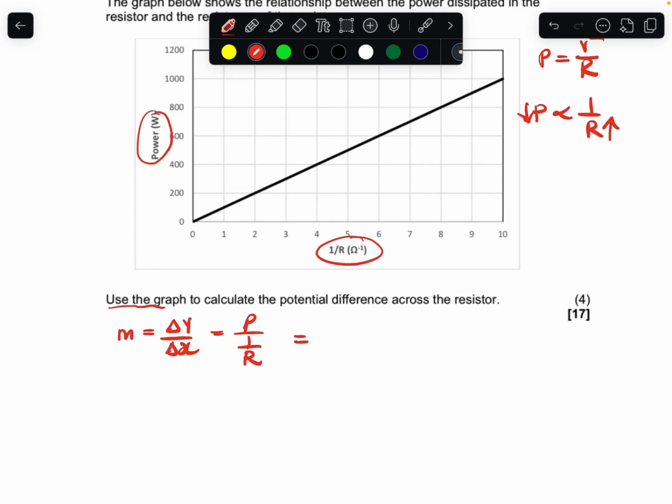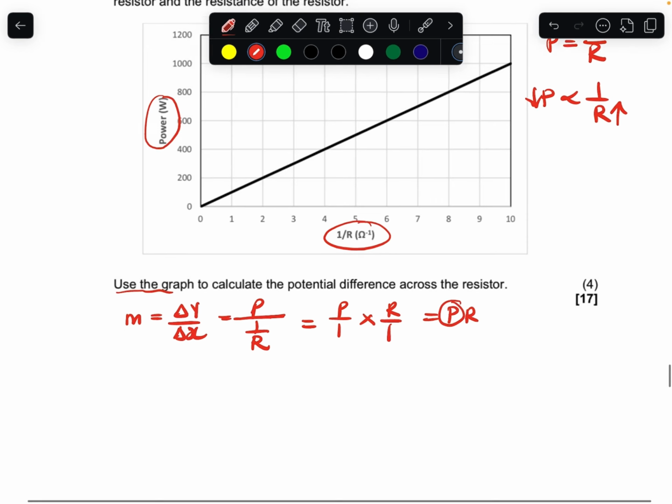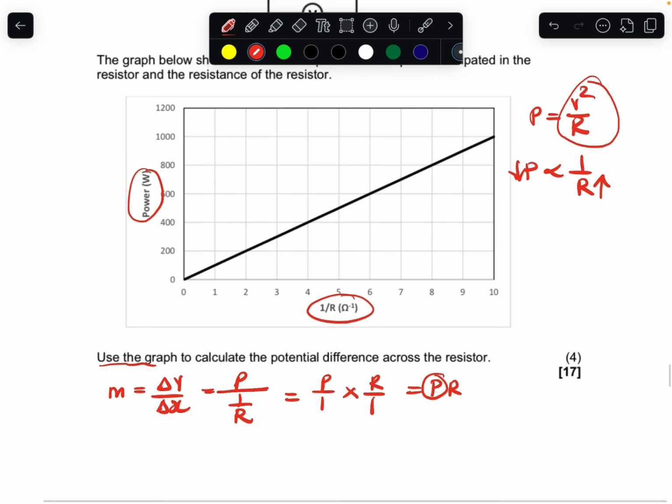So here now we are going to change this division into multiplication. So we're going to say P over 1, and then we change this division into multiplication, it's going to be R over 1. So it's going to be P times R, right? And then we substitute the P with this formula.